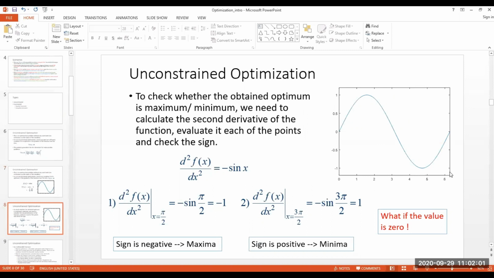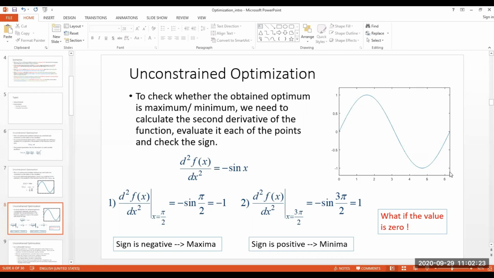Now the next question is, if I am looking for the specific information whether it is a maxima or a minima, then we have to go for the second derivative condition. The first derivative doesn't give me enough information to identify whether it is a maxima or minima.